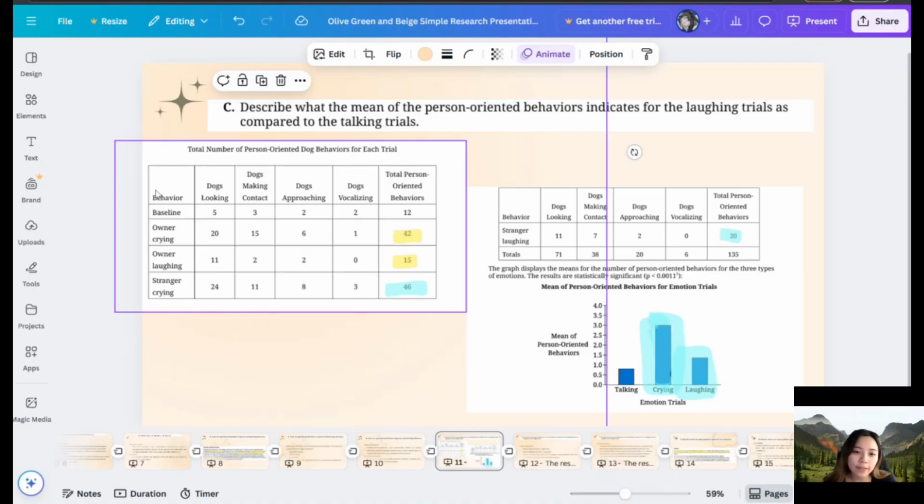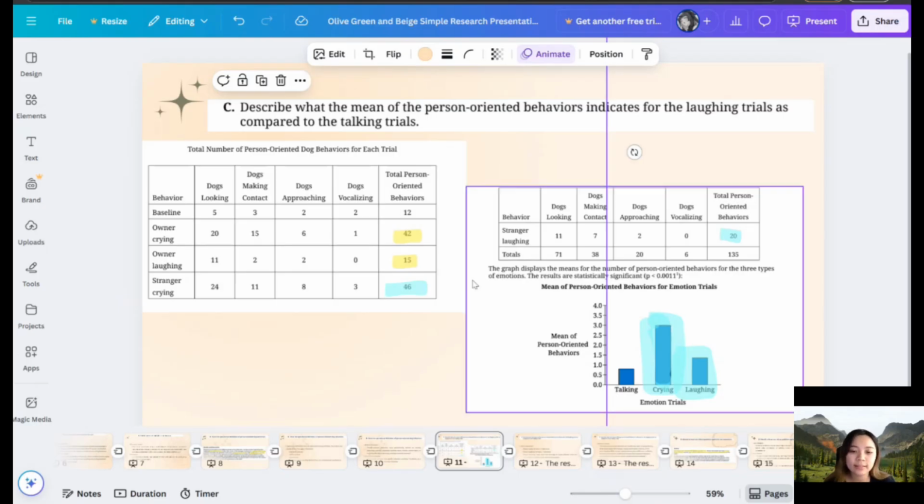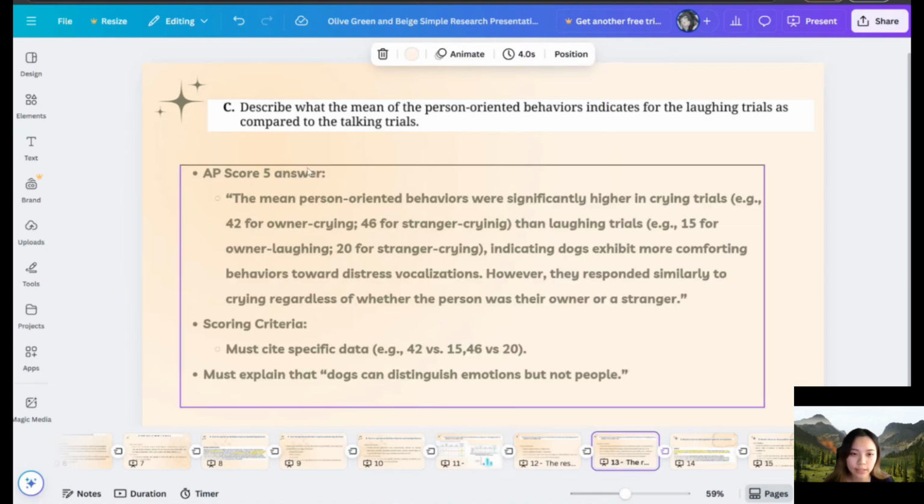They don't even have a data set for it, but they do have a clear data set for crying. Like you can see right here, they have the owner crying, they have the stranger crying. So in this case, the only thing you can compare is between crying and laughing. So that's why our answer is focusing on the 42 for crying and 15 for laughing.